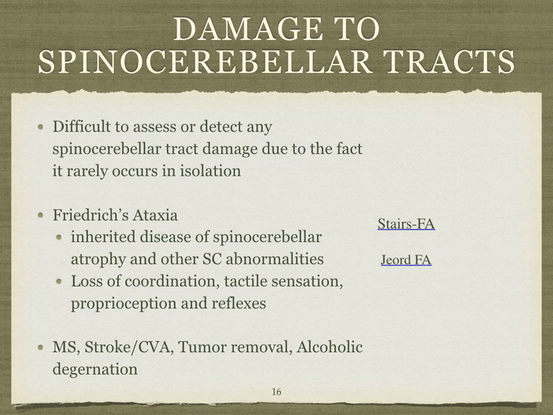But damage to the spinocerebellar tracts through an acquired involvement would be MS, which would be multiple sclerosis, stroke, tumor removals, and actually alcoholics can experience damage to these tracts due to chronic use, because with that addiction, we're just getting more and more debilitation and degeneration of these neurons providing this input. So all of that was our spinocerebellar tract.